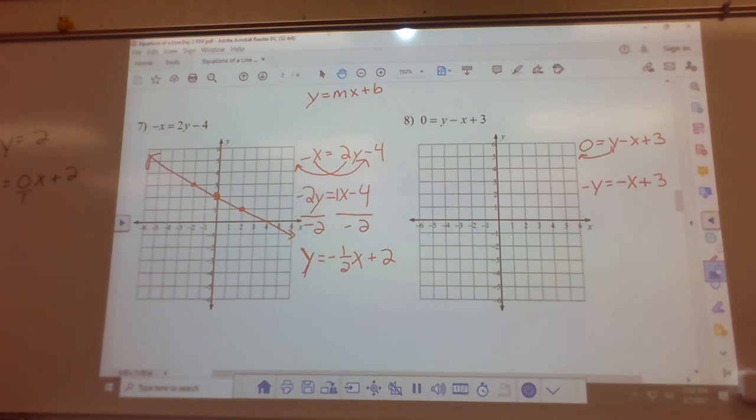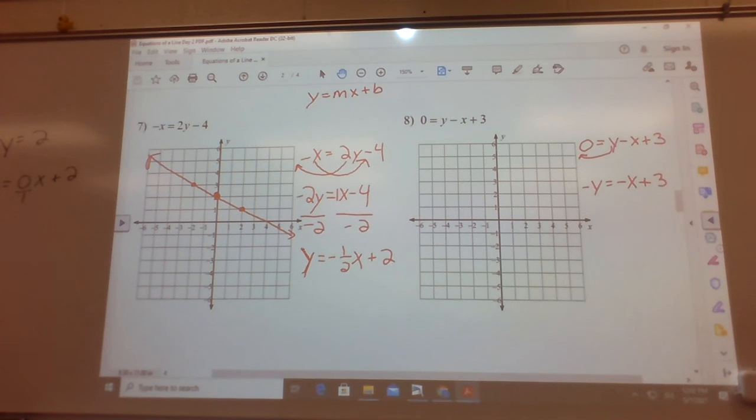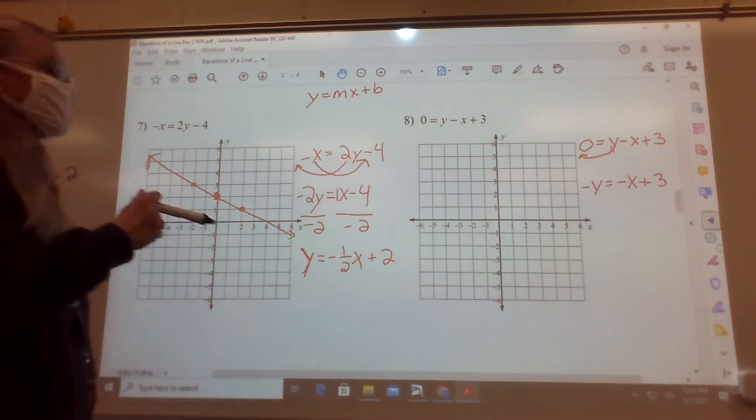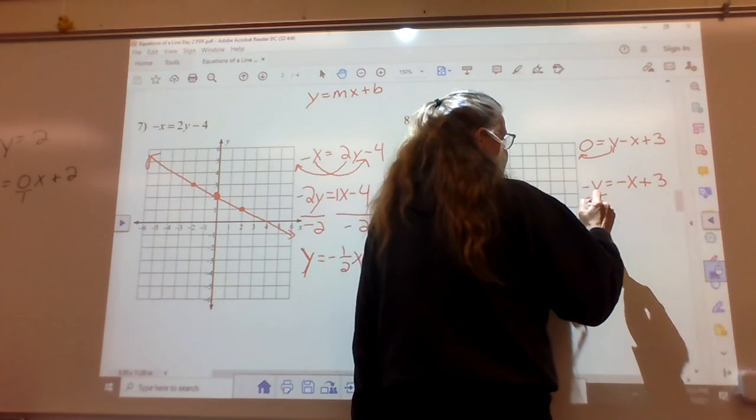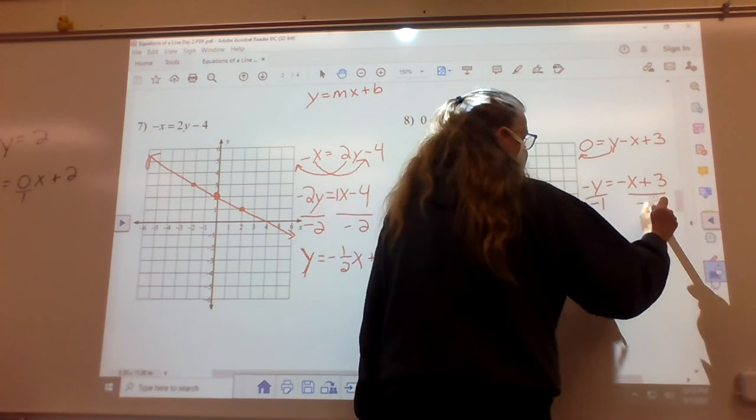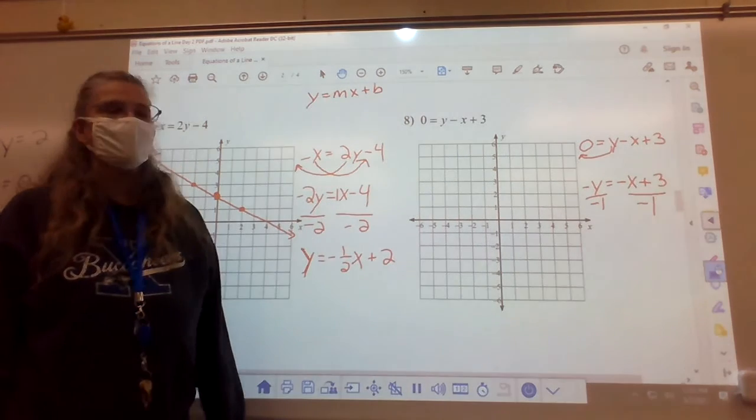Anytime you're going from one side of the equal to the other side of the equal, change the sign, change the sign, change the sign. Well, now I'm close, but it's a negative y as opposed to a positive y. So I just have to change all of my signs because it's basically like I'm dividing by -1. And I've had a few people try to divide by a y.